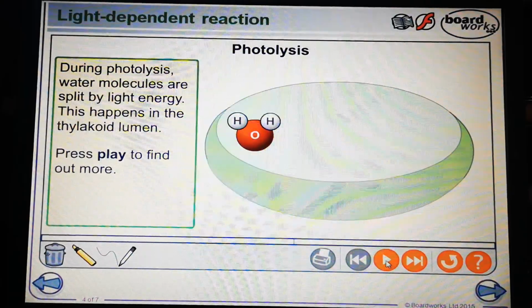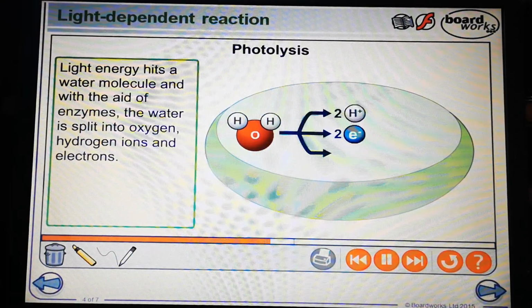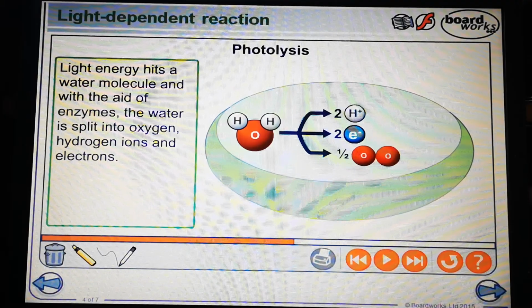And this is what is happening. Light energy is going to split water, and you can see there that one molecule of water will be split into 2 protons, so there'll be a proton there and a proton there, 2 electrons, an electron there and an electron there, and it'll be split into your oxygen.